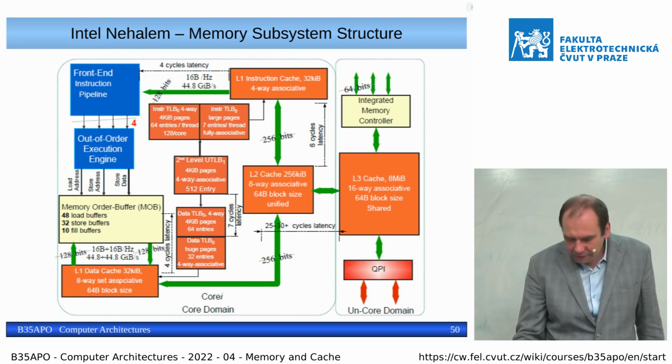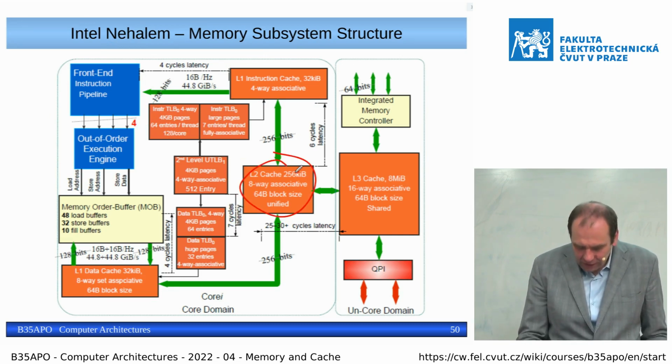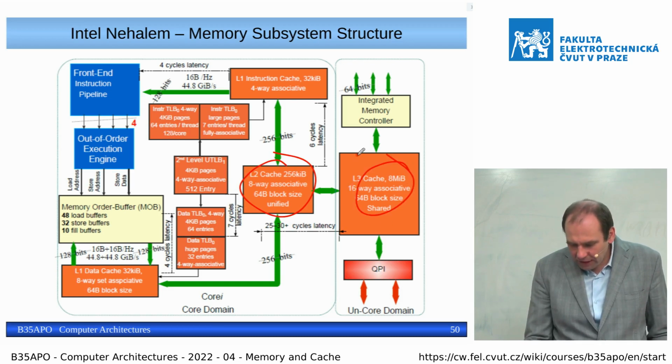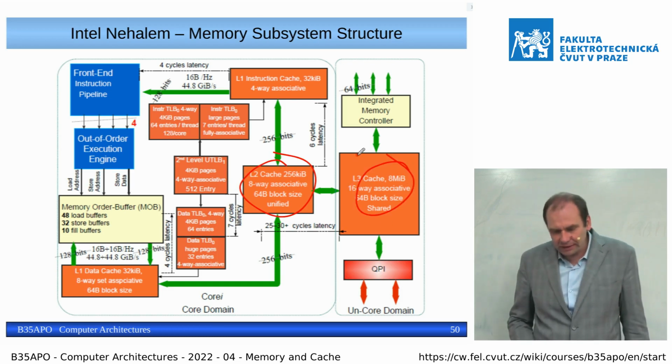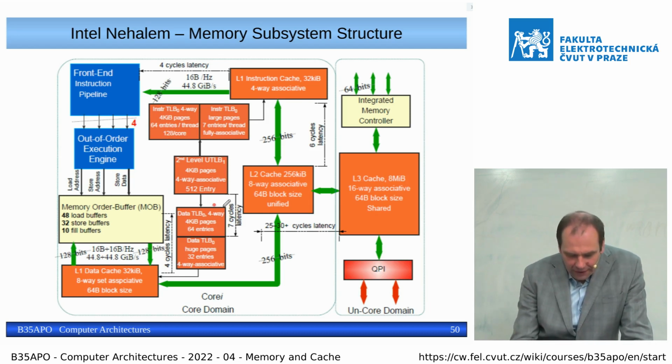So, if the data are not in the L1, then we access the L2, which is 256 kilobytes, and we have 8 megabyte L3.